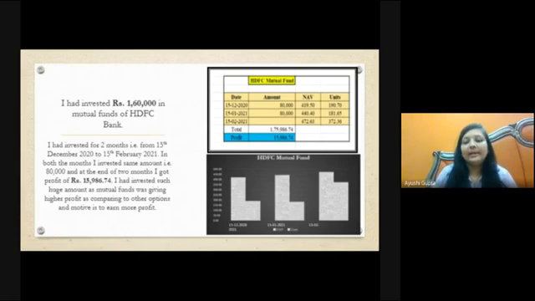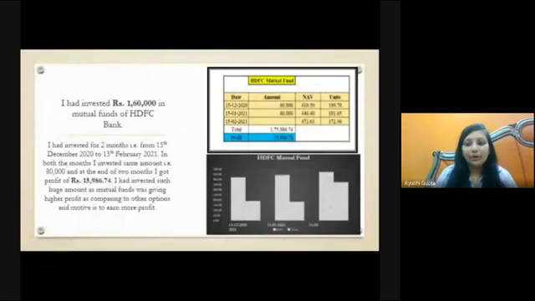On 15 February, the NAV value was 472.63. I have totaled the units of both months, December and January, and calculated the total amount by multiplying the NAV value of 15 February by the units.